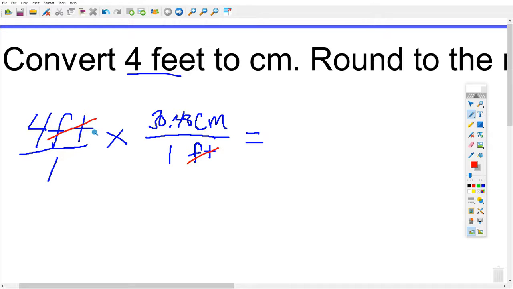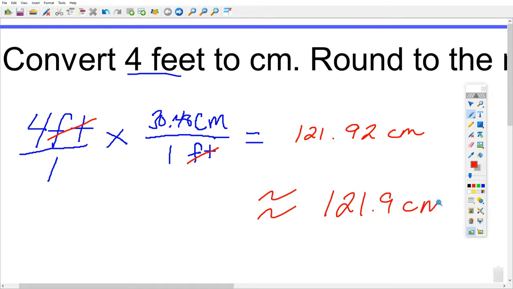So then all that I'm left with is 1 times 1 in the denominator, I don't have to write that, and then 4 times 30 and 48 hundredths. So 4 times 30 and 48 hundredths is going to give us 121 and 92 hundredths centimeters. And we were asked to round it to the tenth, so our answer is going to be approximately 121 and 9/10 centimeters.